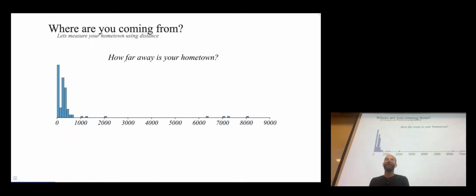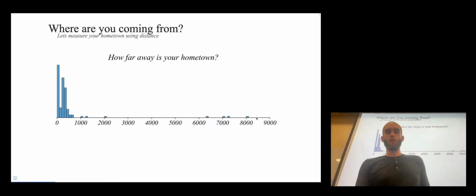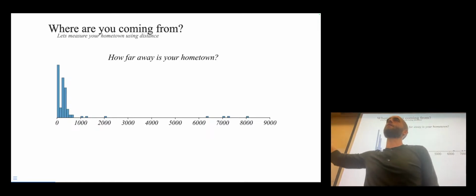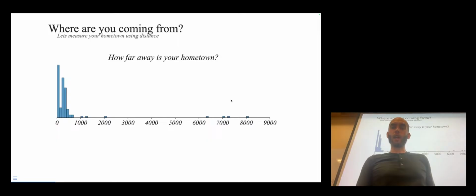We did something like this in notebooks last time, but this is just a nicer figure showing how far away your hometown is. So if you're more than like 2,500 miles away, you must be coming from international, unless you're in Hawaii or Alaska, I guess. So we have a few international students.